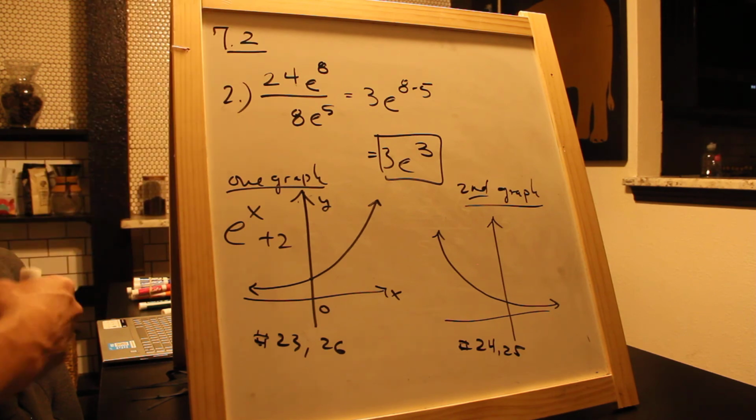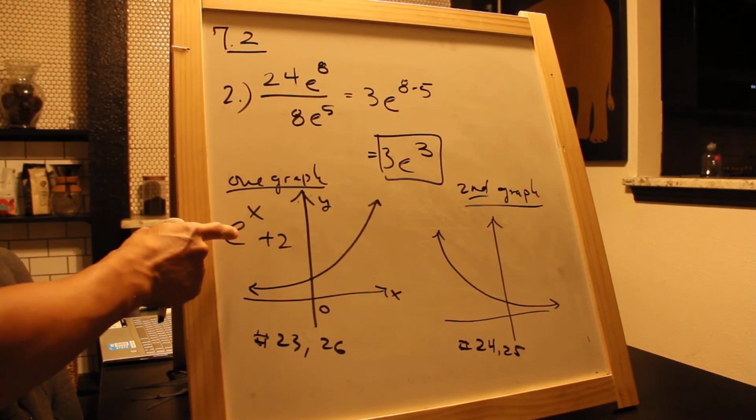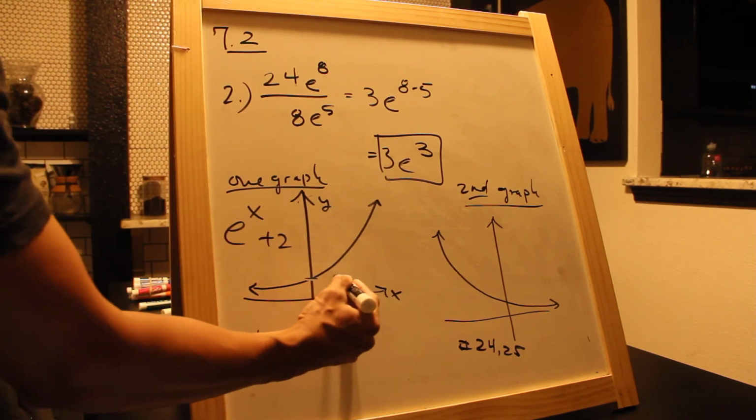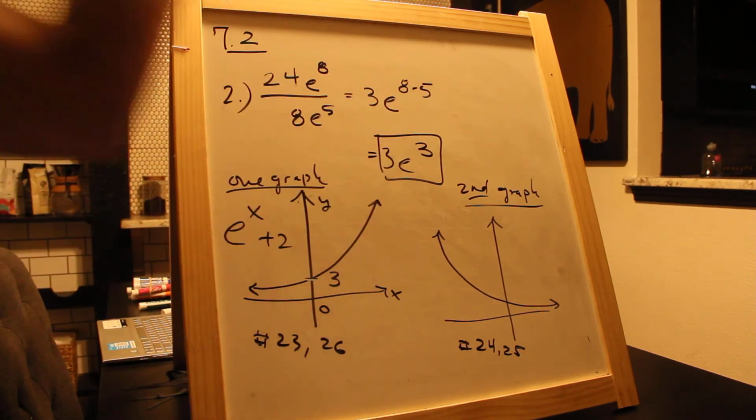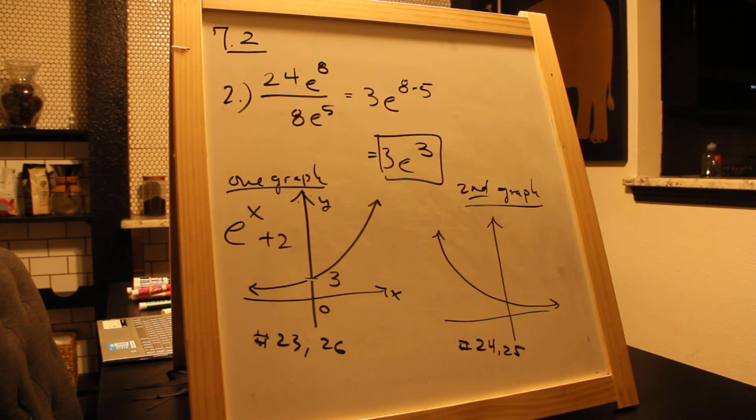Any number raised to 0 power is 1. 1 plus that 2 will give me 3. So it crosses the y-axis at 3, and this is how the shape looks like, for example, okay? So that's just the introduction. That's all I wanted you to do with that. And I believe that pretty much, hopefully that helps answer some of the questions that some people had about this.